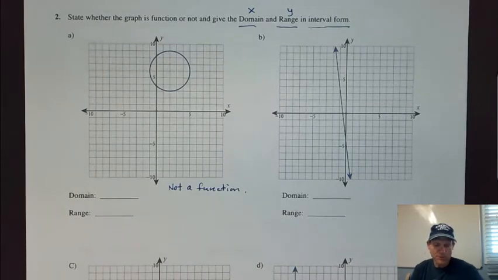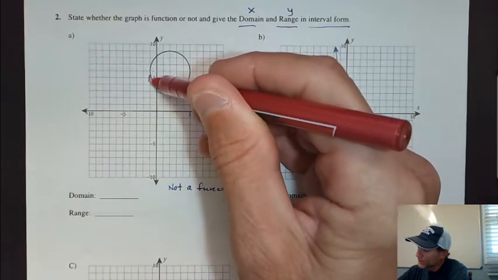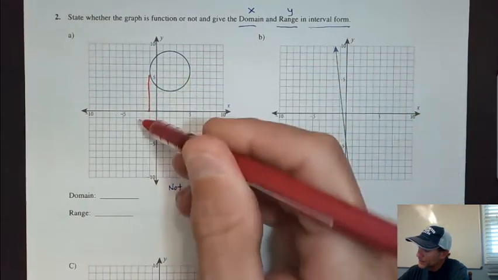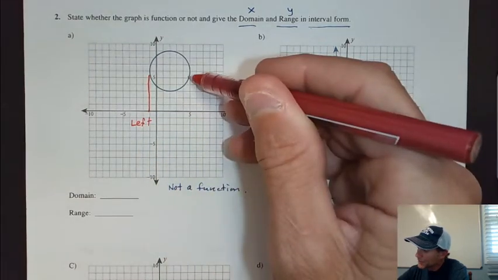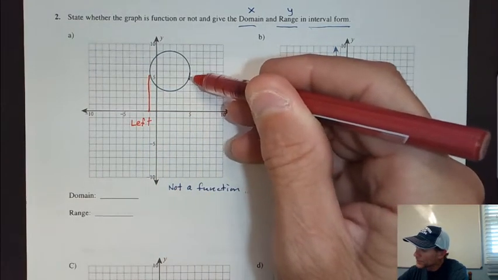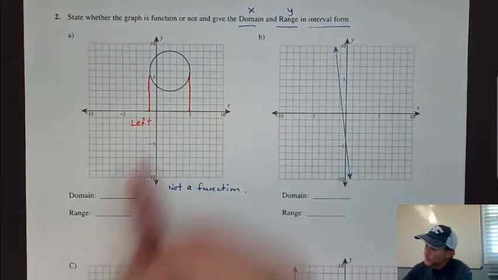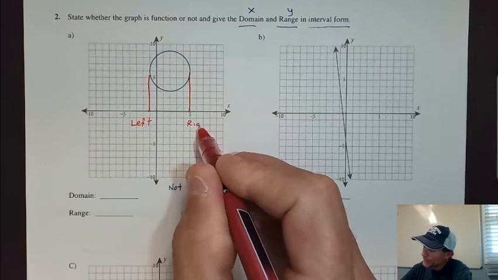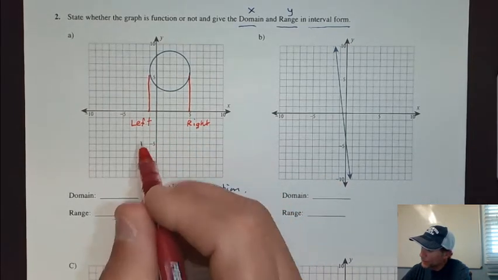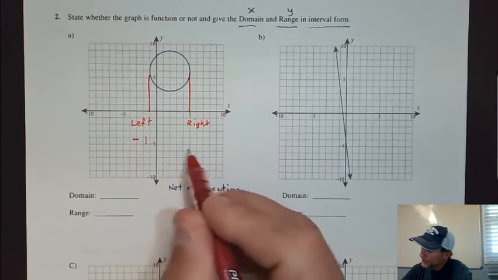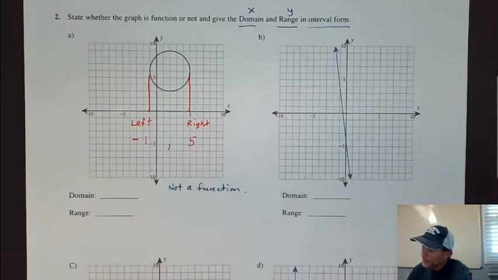So when we look for the domain, what I think about is what is the furthest left spot that this picture reaches, and what is the furthest right spot that this picture reaches. Okay, so what we have then for the domain is we have the left spot, which is -1, and the right spot, which is 5, and we separate those with a comma.